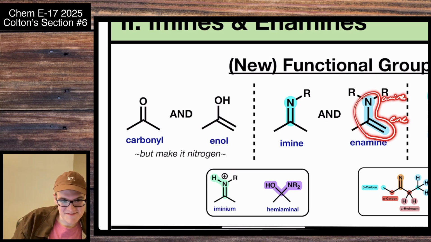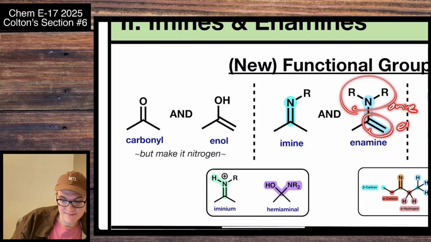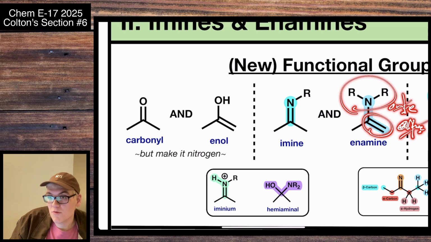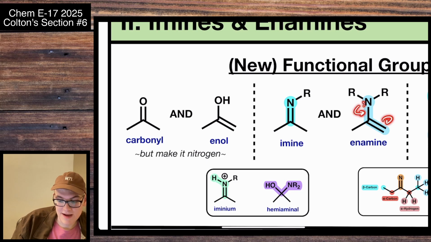Oh my gosh, we love a portmanteau. And again, it reacts as one functional group. If you were to circle this and call this an amine and an alkene, that would be wrong, because they don't react like a normal alkene or a normal amine. This thing has resonance, so it's reacting as one group.